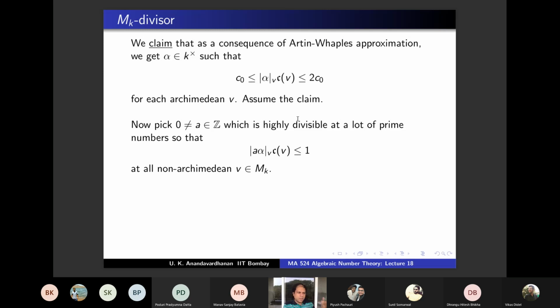High power of p means the p-adic absolute value is very small. So by making it small enough, you can bring it less than or equal to 1. So this is easy. So do this.